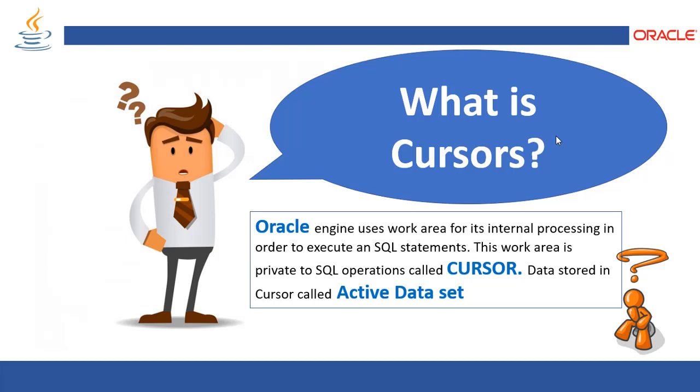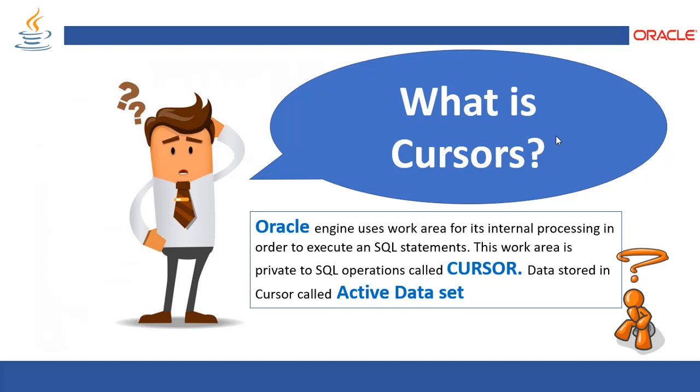Oracle Engine uses a work area for its internal processing in order to execute SQL statements. This work area is private to the SQL operation and is called a cursor, and the data stored in the cursor is called the active data set. In other words, Oracle creates a memory area.